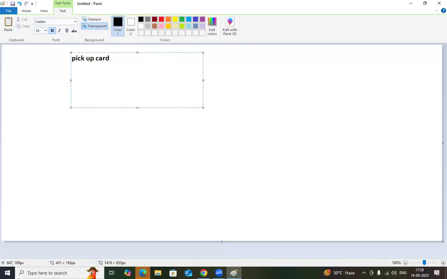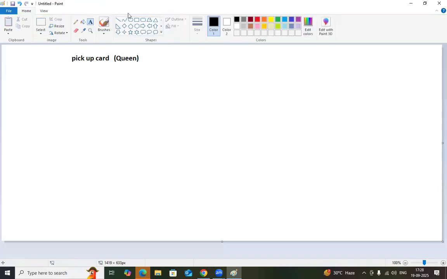In the cards, I want to pick up the queen card. This is the task, actually. It's a simple task: pick up the queen card from the playing cards. I'm talking about playing cards.